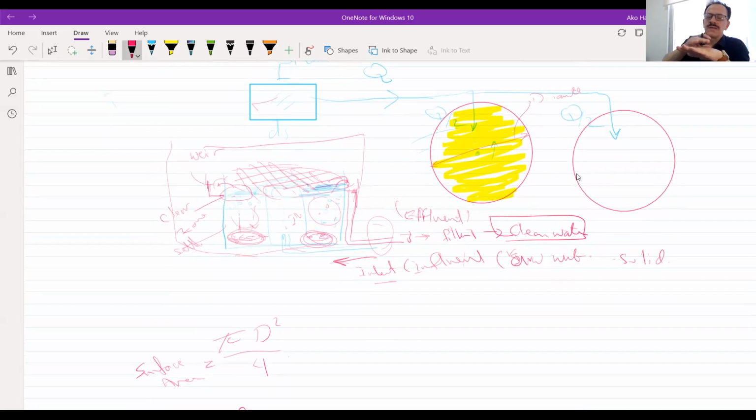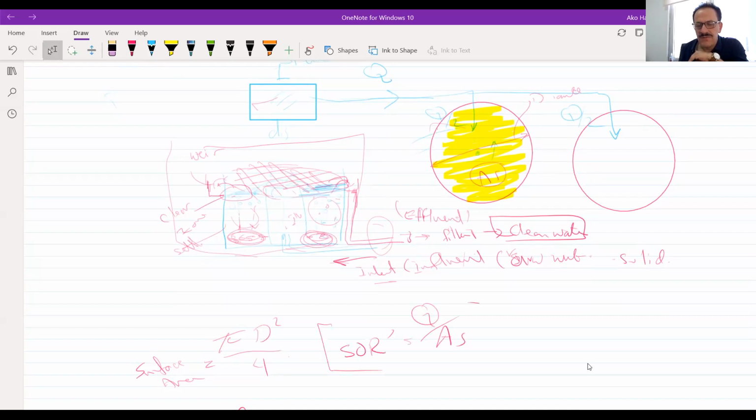It means the top surface area of the tank. If I have this area, and Q is the flow that goes inside this tank, then dividing Q by the area AS gives you the SOR.